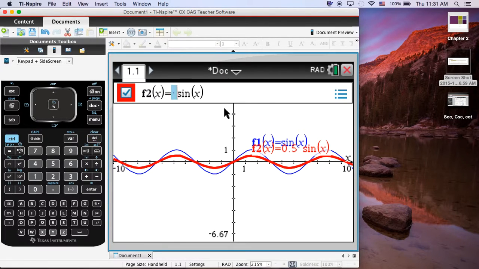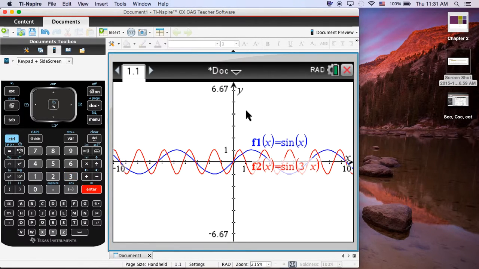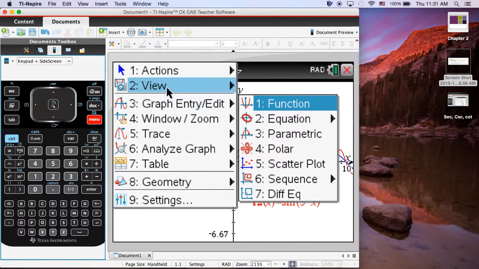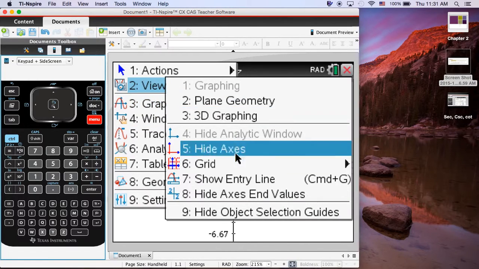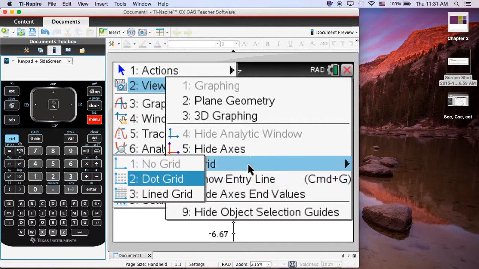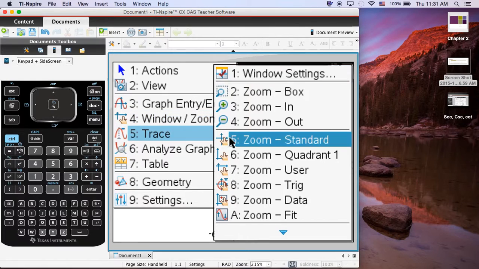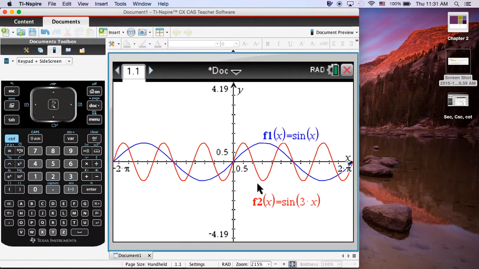What if we put some number right in front of x? So now we have sine of 3x. Let me change the view to something different. Let's make it trig.